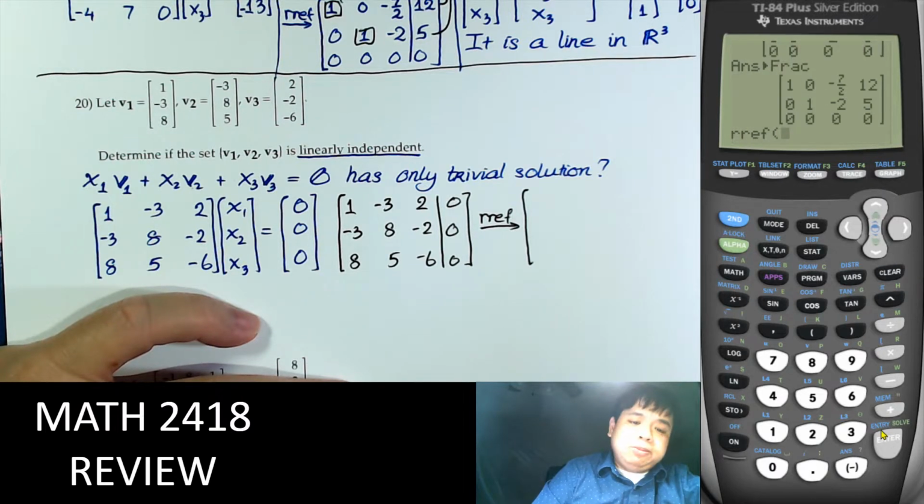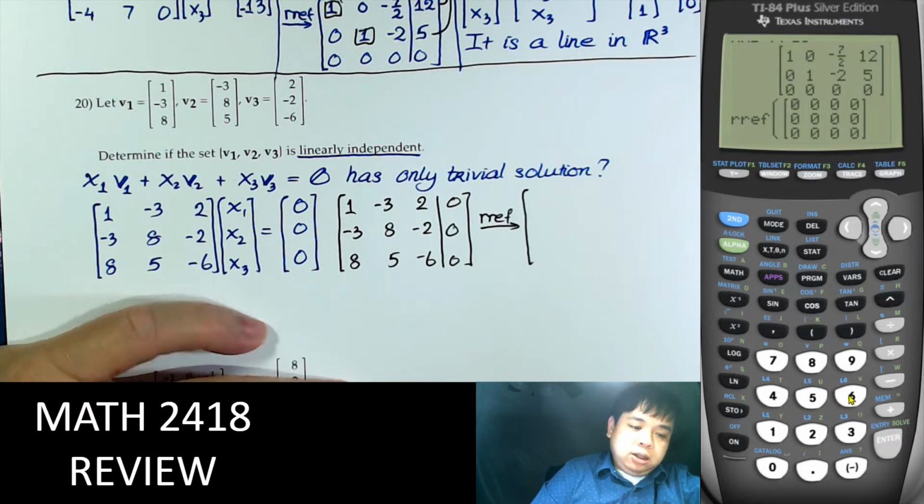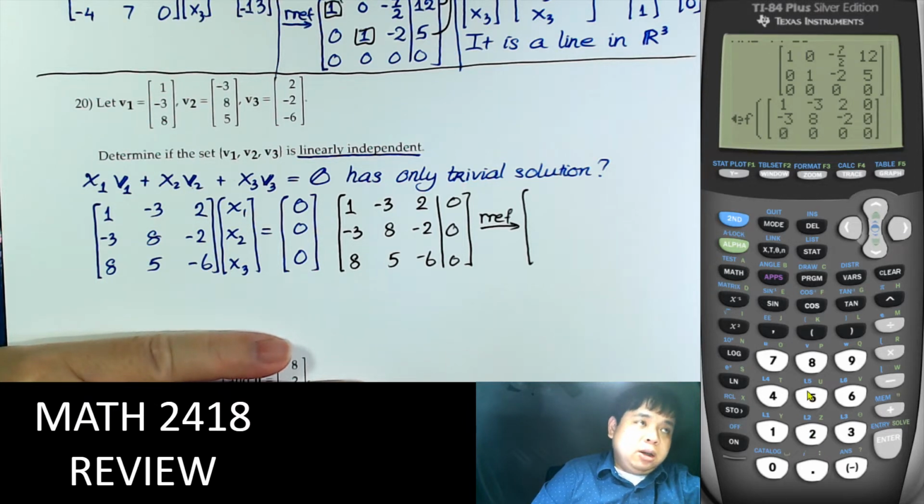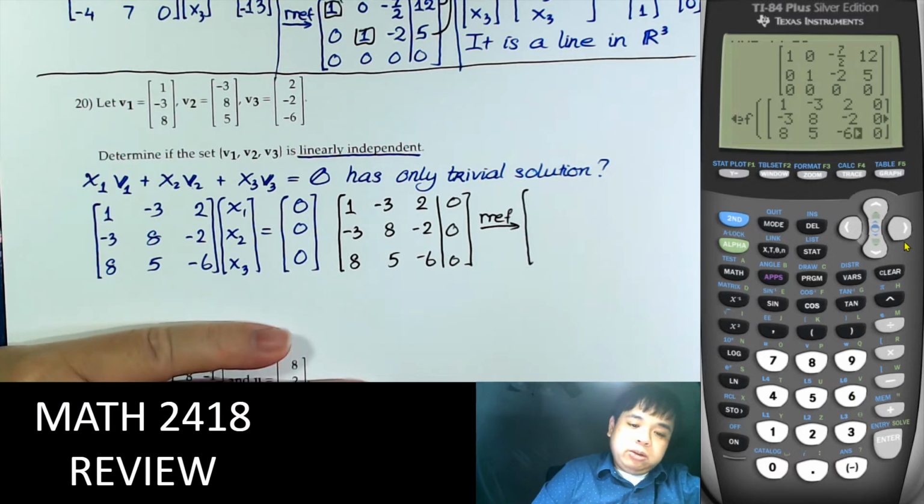Right, so now put the matrix, 3 rows 4 columns, so that's good. 1, -3, 2, and 0, -3, 8, -2, 8, 5, and -6. So let's check.